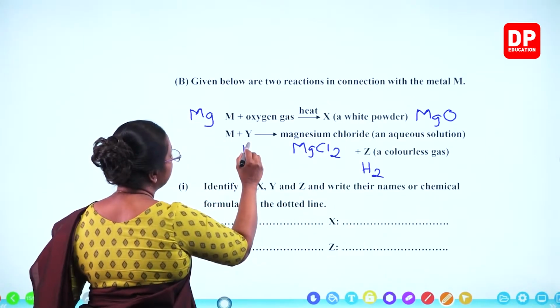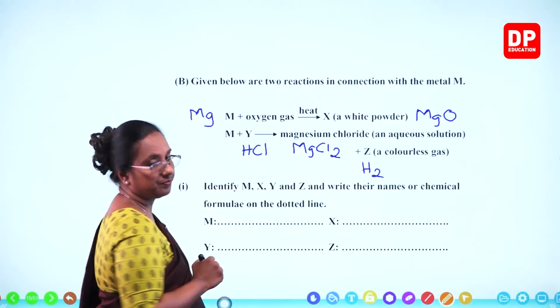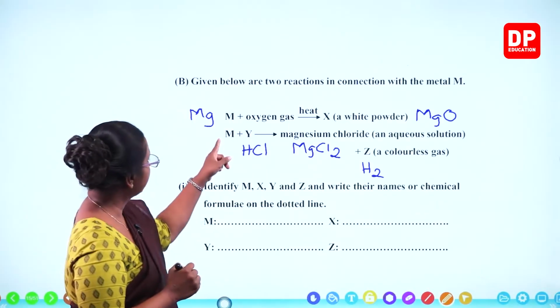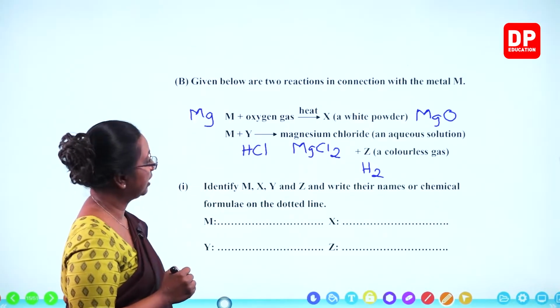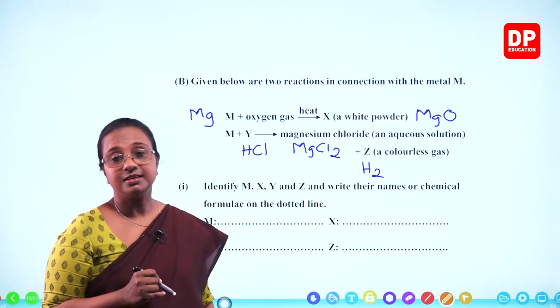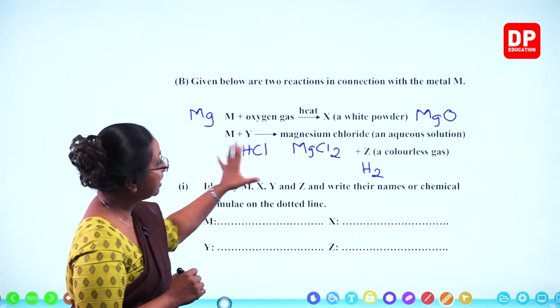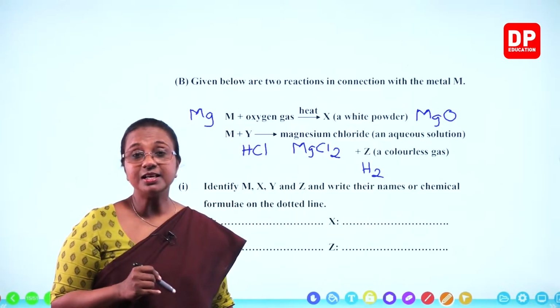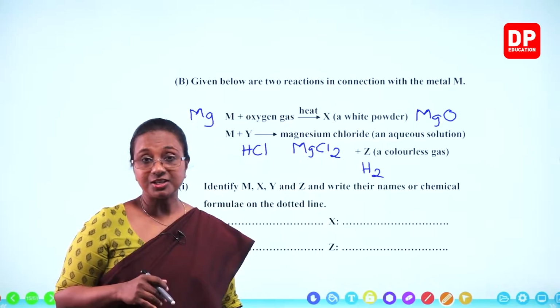So Y should be HCl, hydrochloric acid. When magnesium reacts with hydrochloric acid, you will get magnesium chloride and hydrogen gas. So like that, you should be able to identify the reactants and the reaction.